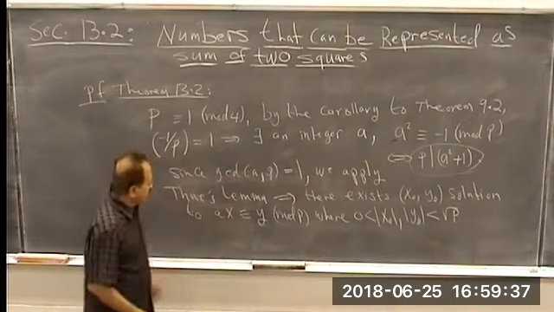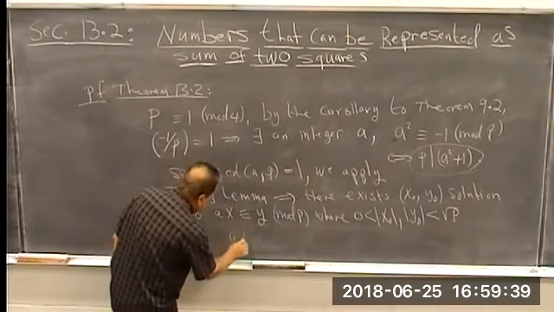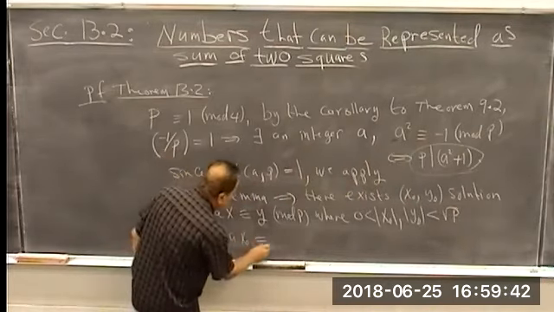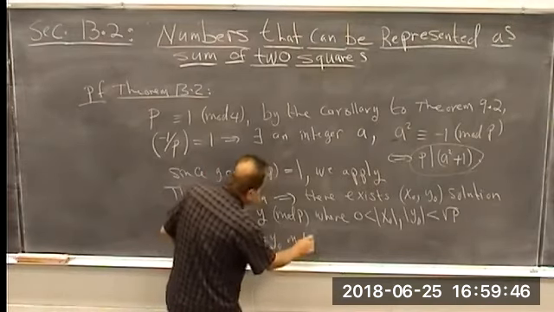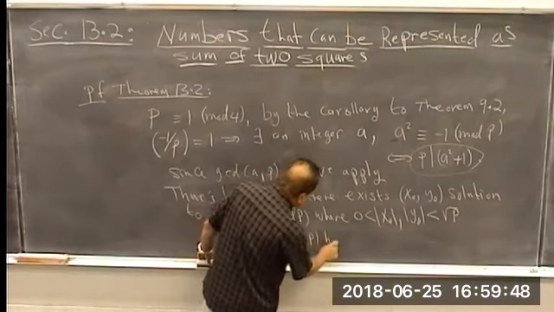So this being a solution means that a x sub 0 is congruent to y sub 0 mod p. This holds.